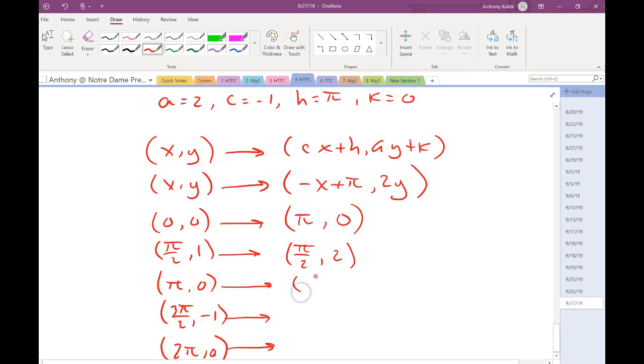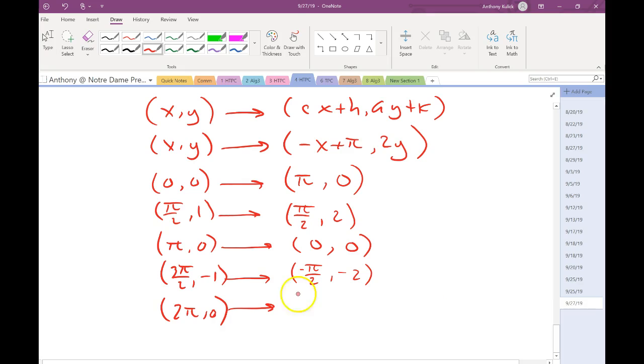When I plug pi in, I get 0. And when I plug 0 in, I get 0. When I plug 3 pi over 2 in, negative 3 pi over 2 plus pi is negative pi over 2. And when I plug negative 1 in, I get negative 2. When I plug in 2 pi, negative 2 pi plus pi is negative pi. And when I plug 0 in, I get 0.